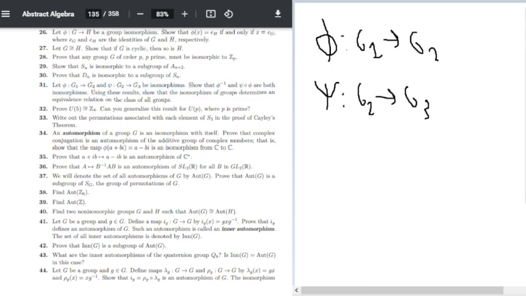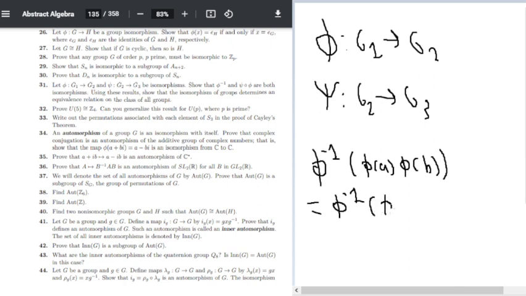First, phi inverse of phi(A) times phi(B) equals phi inverse of phi(AB), which equals AB, which equals phi inverse of phi(A) times phi inverse of phi(B).